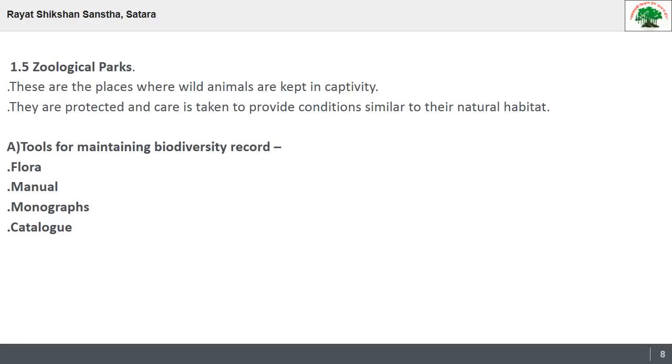There are four main roles of these zoological parks. First role, conservation. Then the next role is research. Next one, education, and then recreation. Breeding animals in captivity is a very important role of a zoological park because these animals don't become extinct because of this breeding technique.